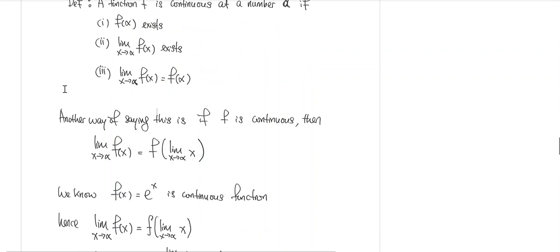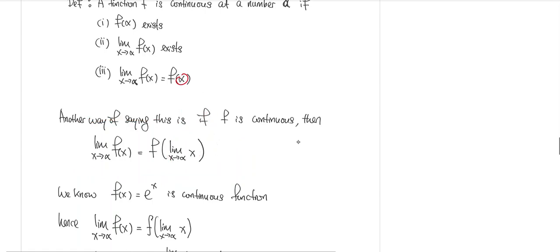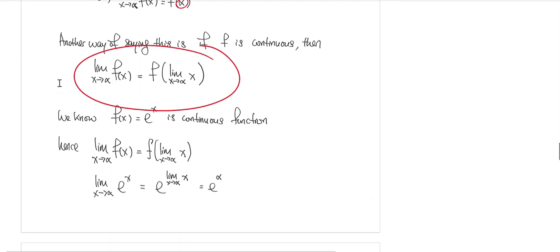Your professor maybe does not show you this way, but this is exactly what it says. So if a function is continuous, you have this. For example, e to the power of x is a continuous function.